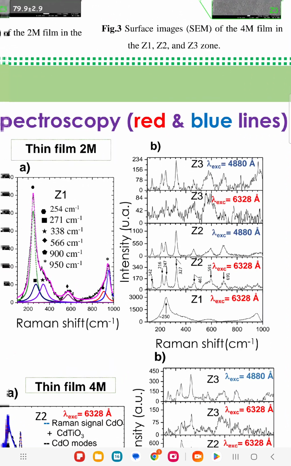However, when we made the analysis with the blue line, a more energetic line, we found the vibrational modes corresponding to cadmium titanate. So this zone corresponds to cadmium titanate.